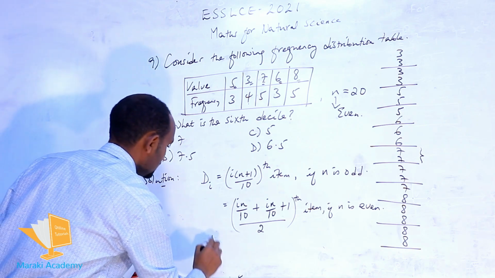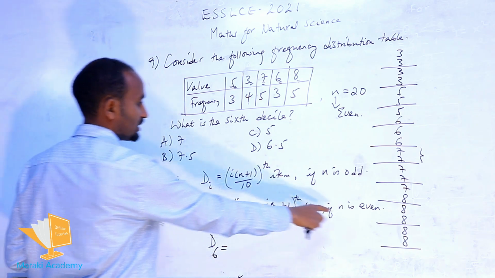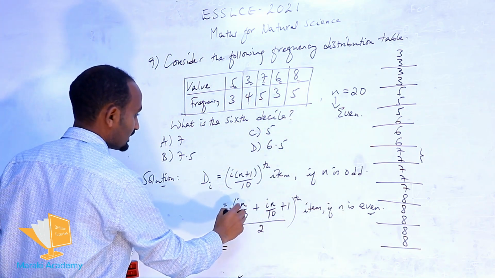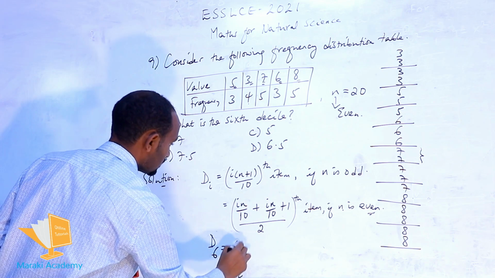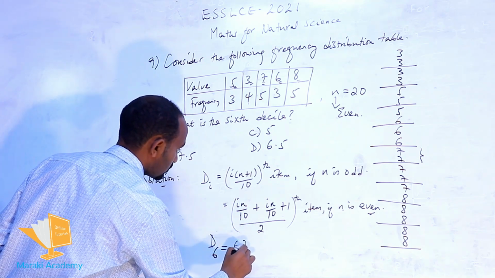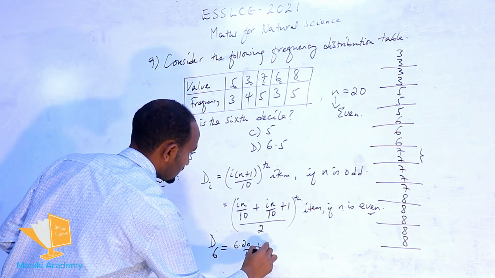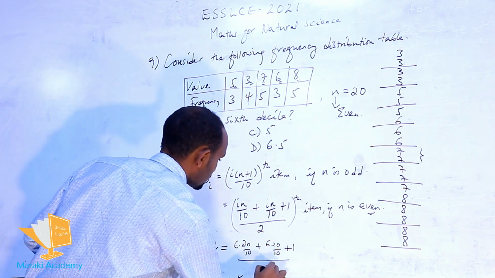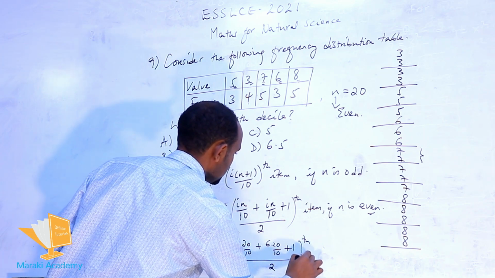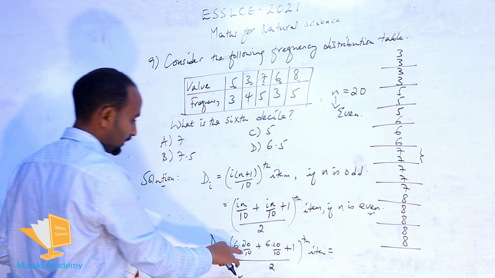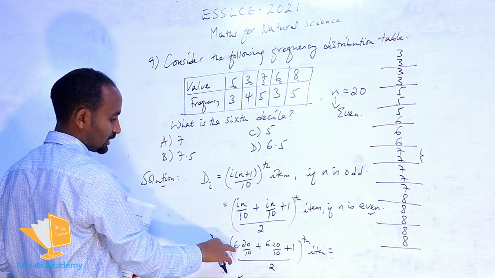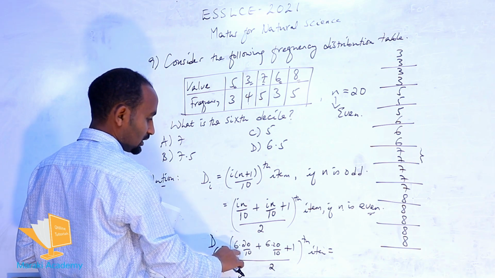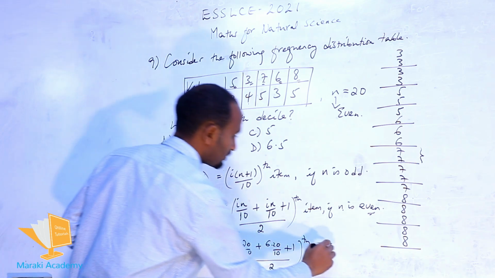But for D6, because n is even, we have an even number of values. So 6 times n is 20, 20 over 10, plus 6 times 20 over 10 plus 1 over 2 item, which is equal to 20 over 10 is 2, times 6 is 12, again 12 plus 1 is 13, 12 plus 13 is 25 over 2.